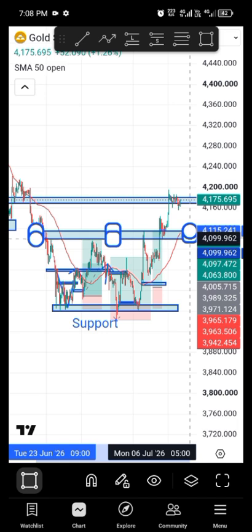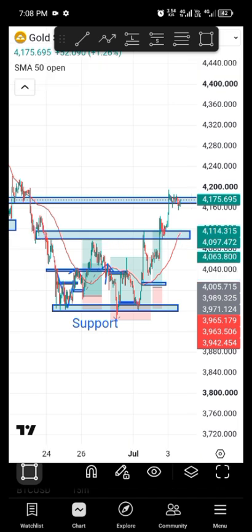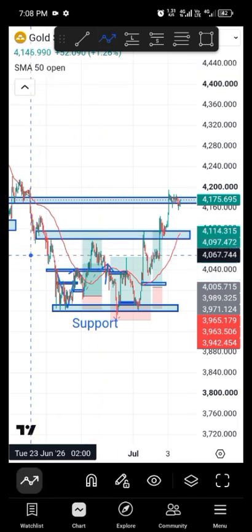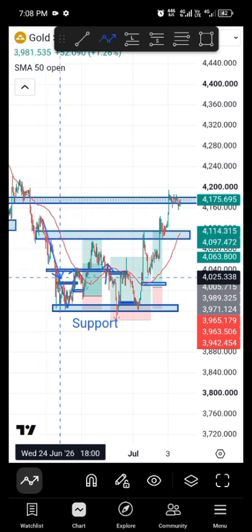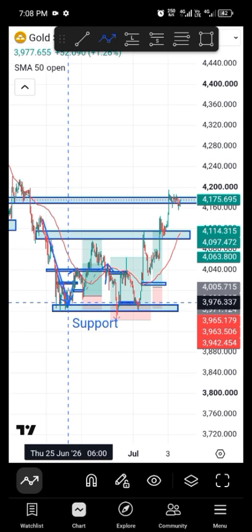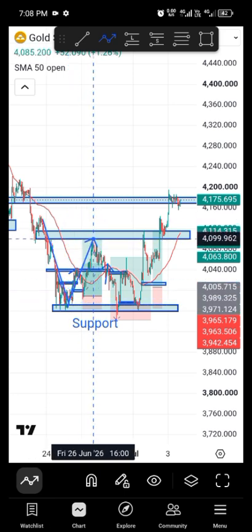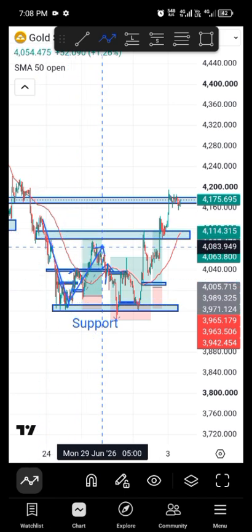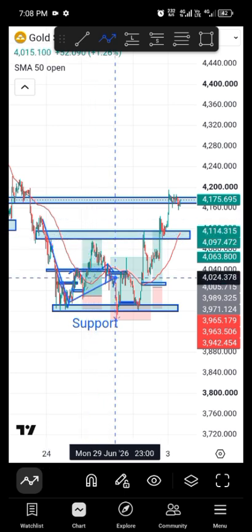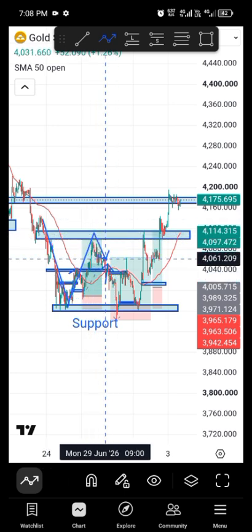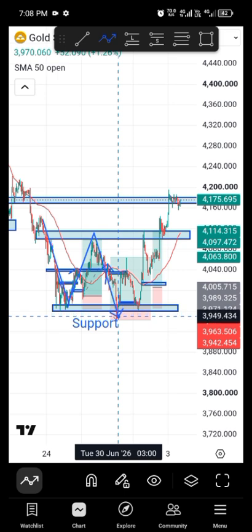So immediately price came to this place. This place is now a valid zone. Price came here, pushed down, and immediately pushed up. Immediately it gets to this zone, as you can see, what does the price do? Price moves down and touches this support zone.